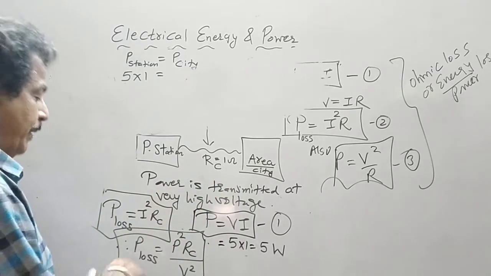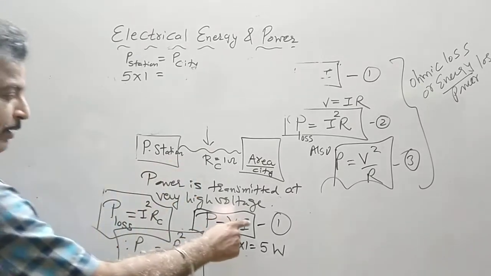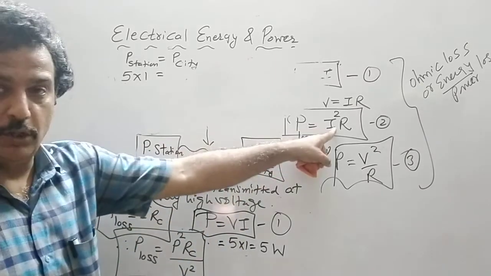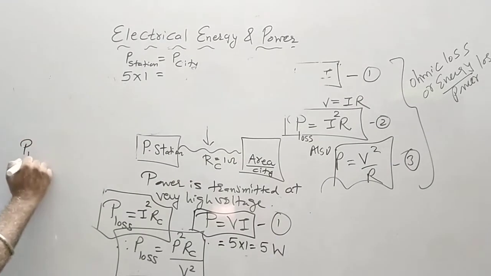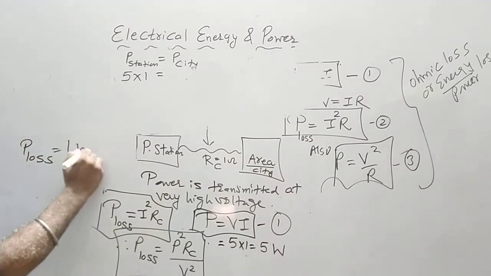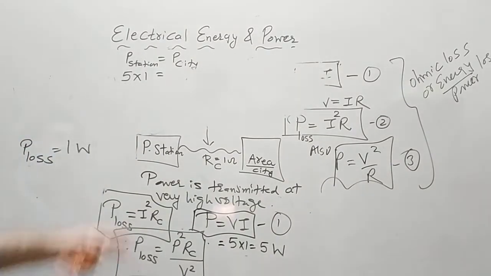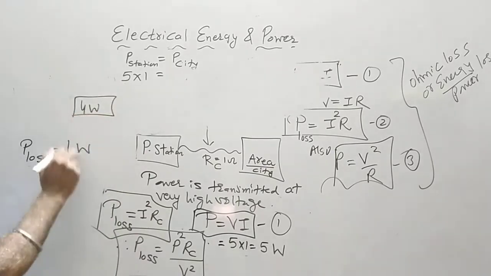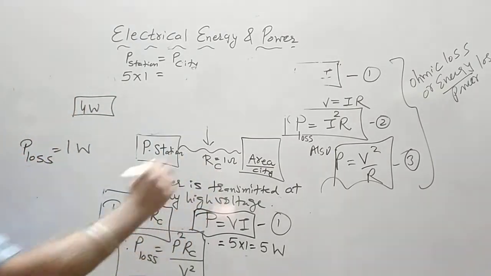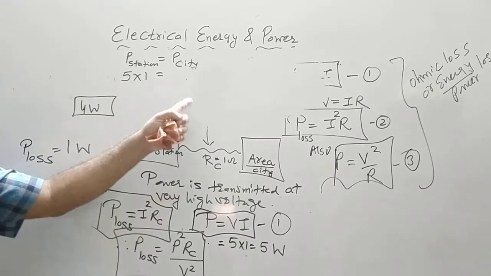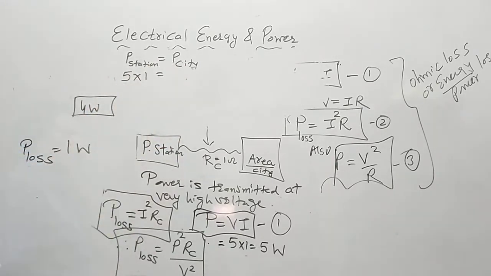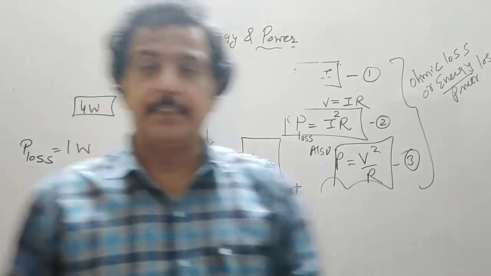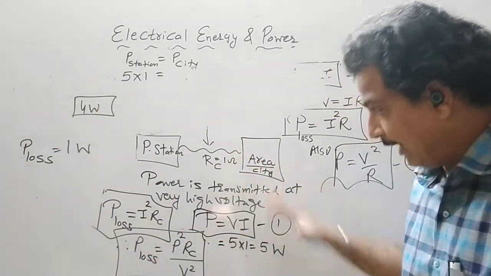So what will be the power loss in the cable? It will be 1 square into 1 ohm. So the power loss is 1 watt. So what will the city get? The city will only get 4 watt of the power. This 1 watt is lost here. But I need that a city gets 5 watt of power without any loss. I need that condition. So we are deriving all this.